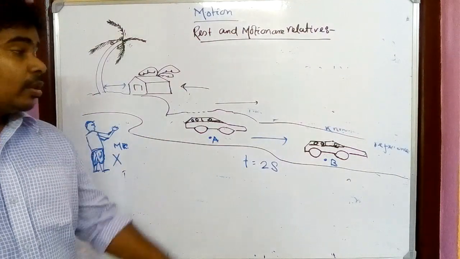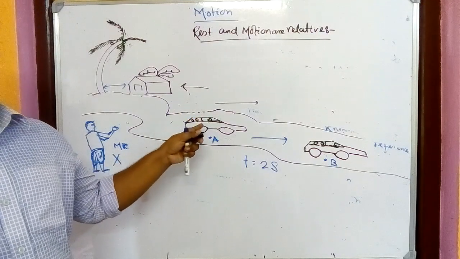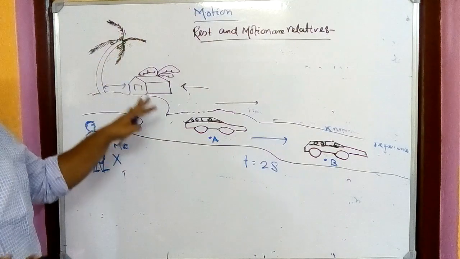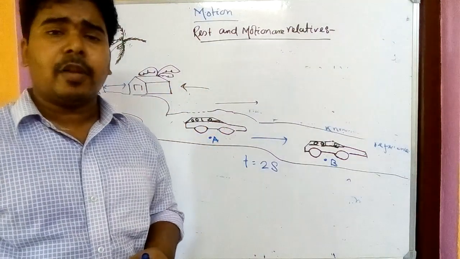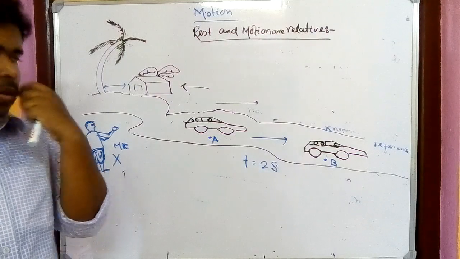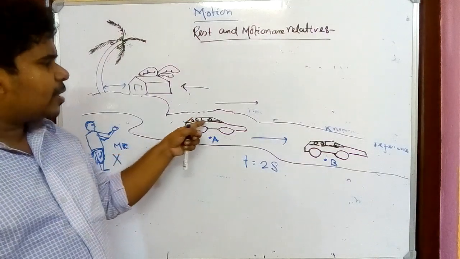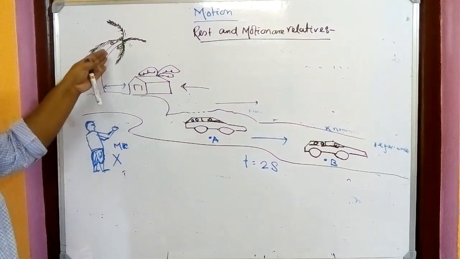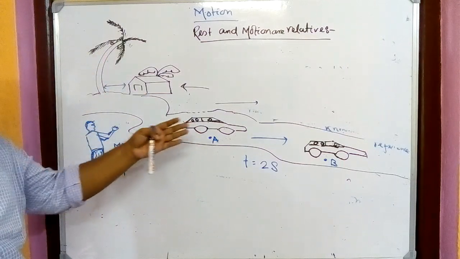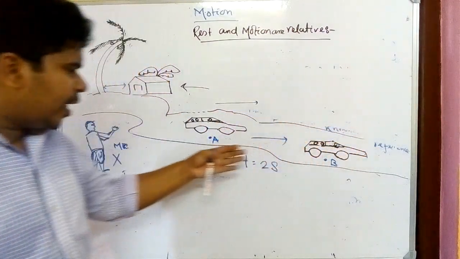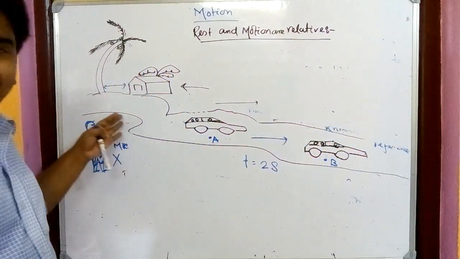No. With respect to you, those who are sitting inside, these objects which are apparently static for us, they are moving in the opposite direction. So with respect to any person inside the car, the houses, the trees, the man are moving backward. As they are approaching forward, they seem to be moving backward.